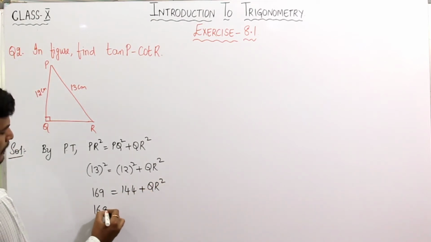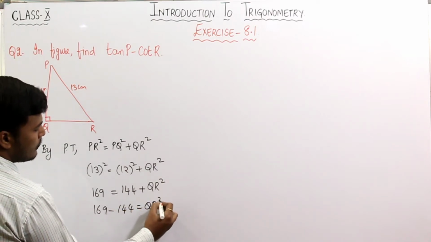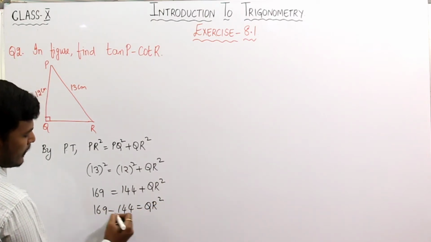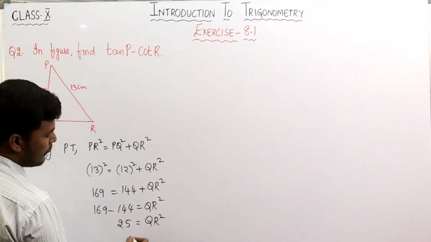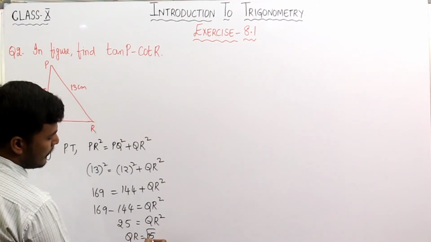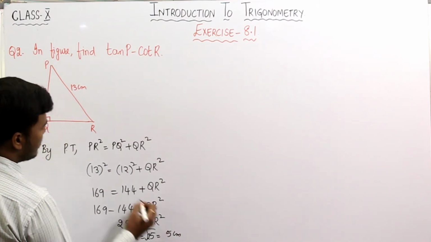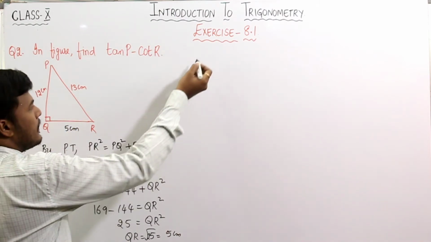So 169 minus 144 is equal to QR square, which is 25. From that, QR is equal to square root of 25, which is 5 centimeters. So we got QR as 5 centimeters.